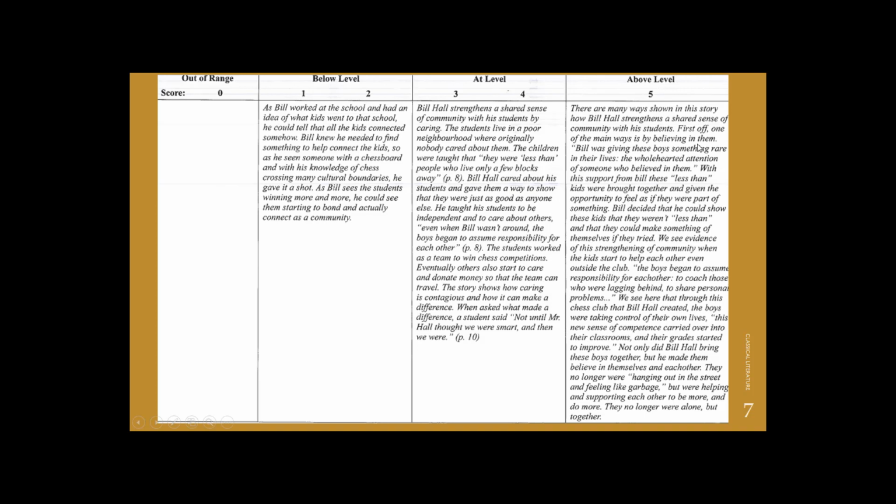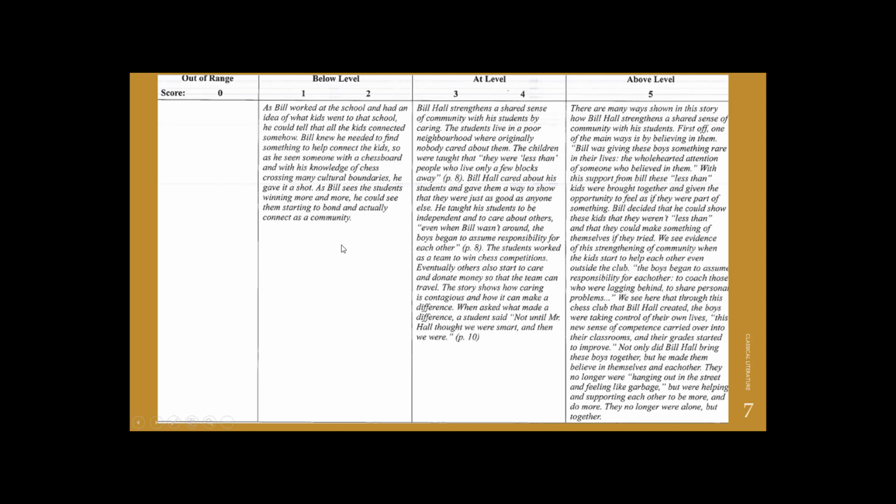First off, one of the main ways is by believing in them, and then they give a quote. With this support from Bill, these less than kids were brought together. So they give the quote and then they explain it. So read these over. They give very specific examples. This one even gives page numbers.